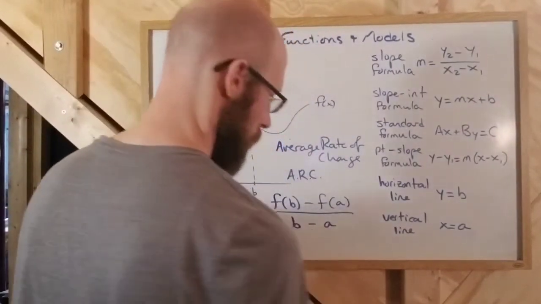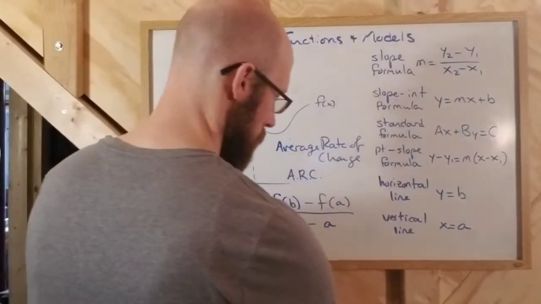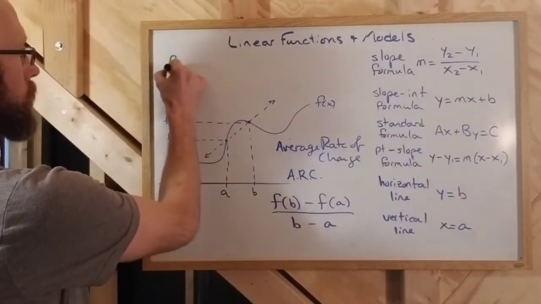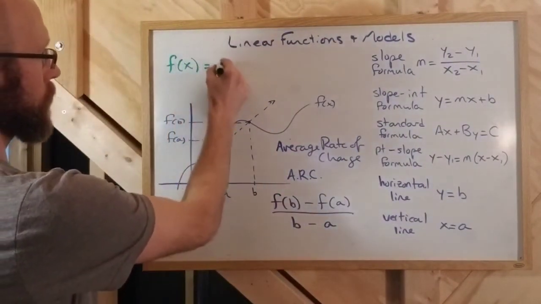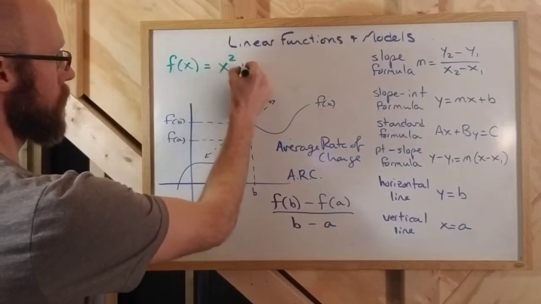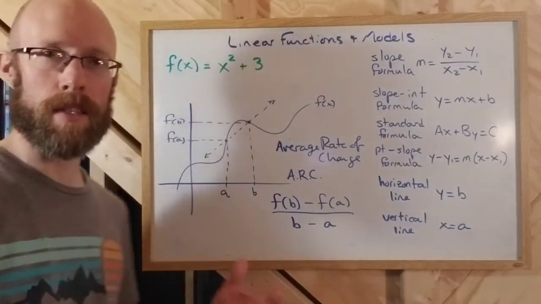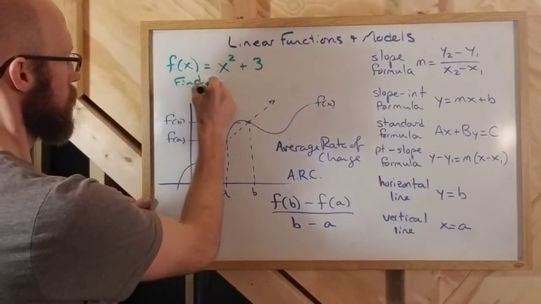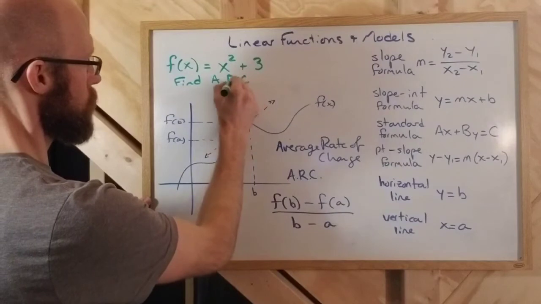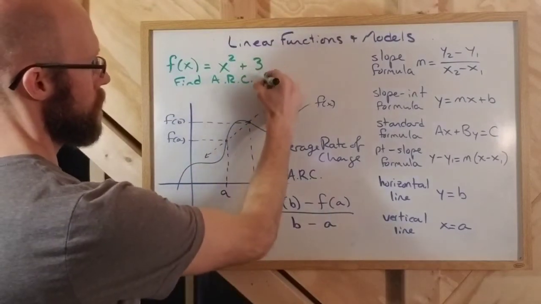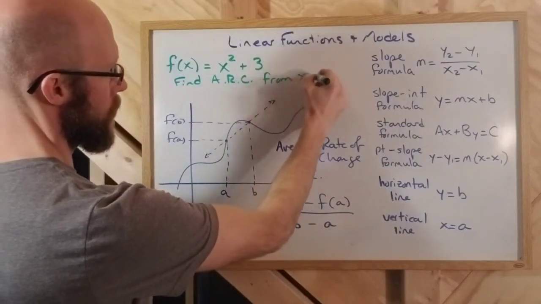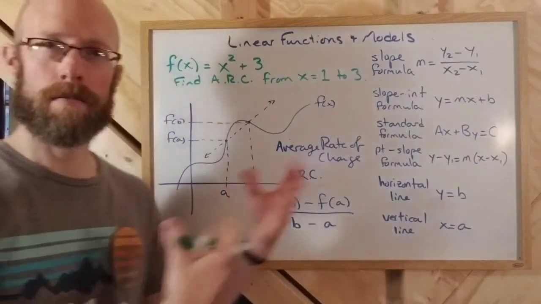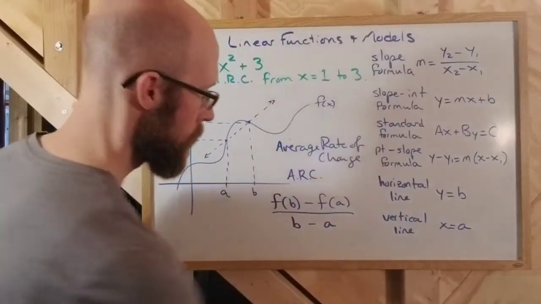Let me give you a couple examples. Let's take a nonlinear function first, and then we'll do a linear function. Say you have a nonlinear function, something like x squared plus 3, and we want to find the average rate of change from x equals 1 to 3.